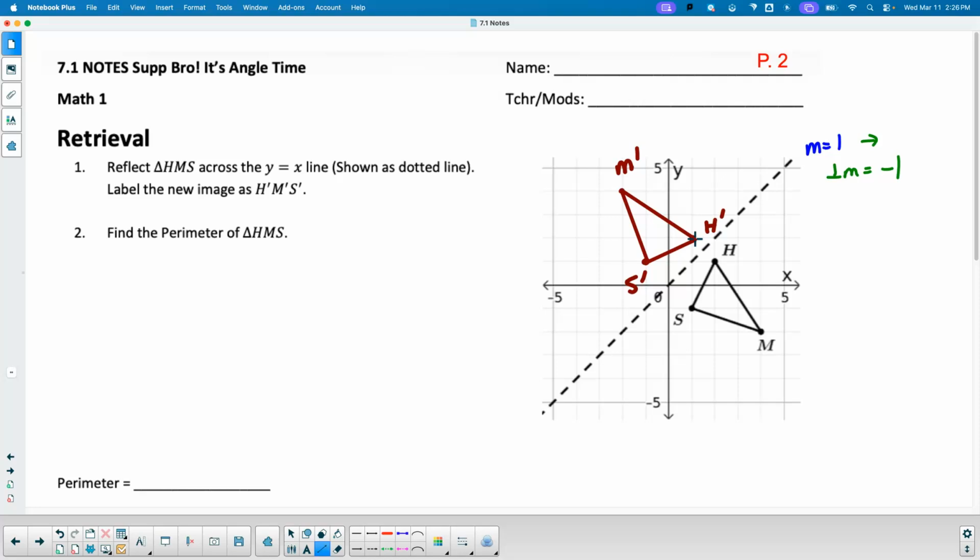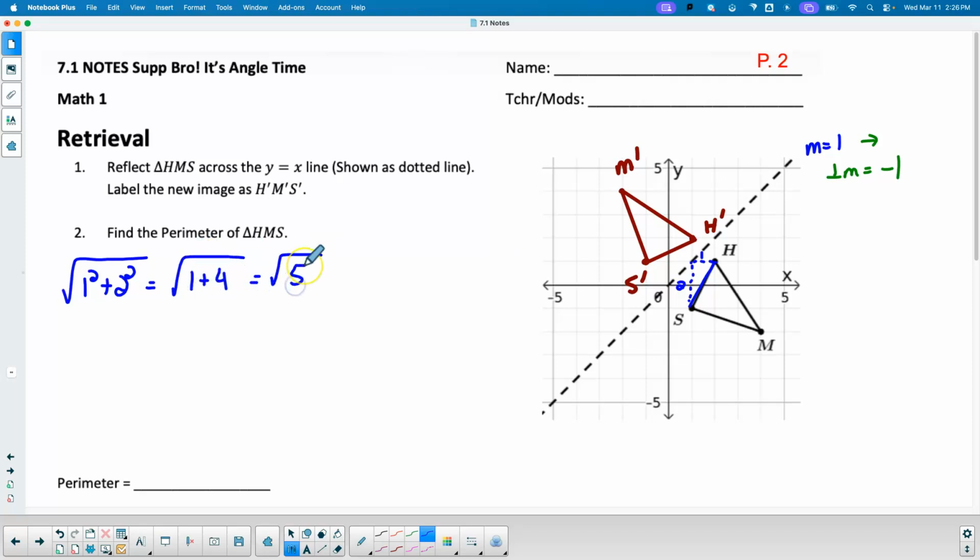Okay. Then it's asking us to find the perimeter of that. So I'm going to first find the length of my blue side here. I'm going to make a right triangle out of it. That's got a side length of 2 and a side length of 1. So then that would be the square root of 1 squared plus 2 squared, which is going to be the square root of 5.